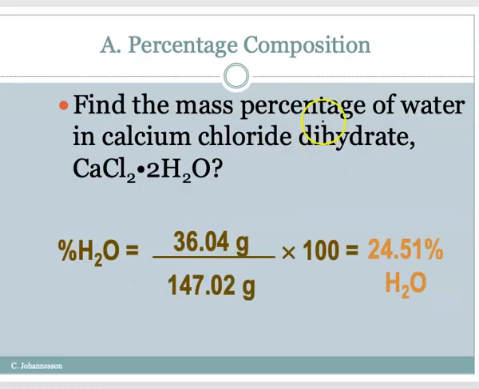The last variation on this percent composition problem is looking at the percentage of water in a type of ionic compound that is referred to as a hydrate. Hydrates have the word hydrate as part of their name. The prefixes tell you how many waters are incorporated in the chemical formula. And the chemical formula looks kind of weird.